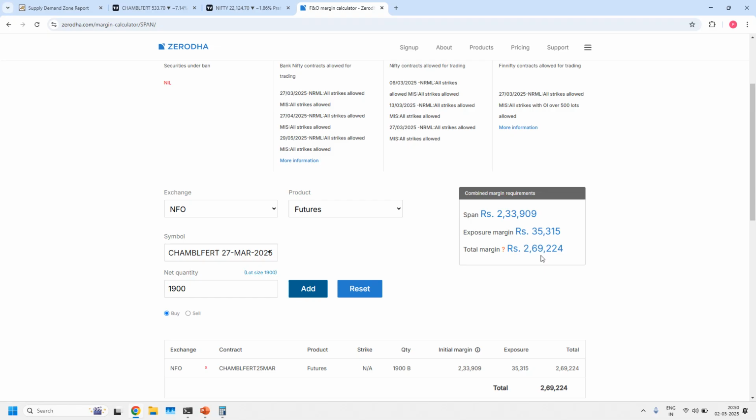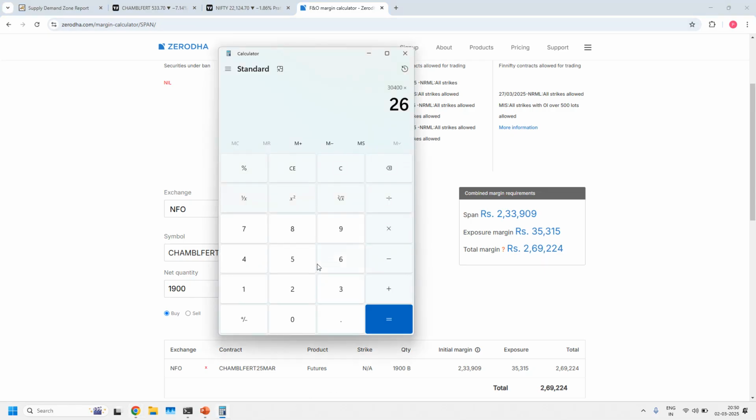Even though the ROI is slightly reduced, it is okay for us because we are calculating approximately. So 30,400 into 100 divided by 2,69,000. You would have got 11.3% ROI on a bearish day.